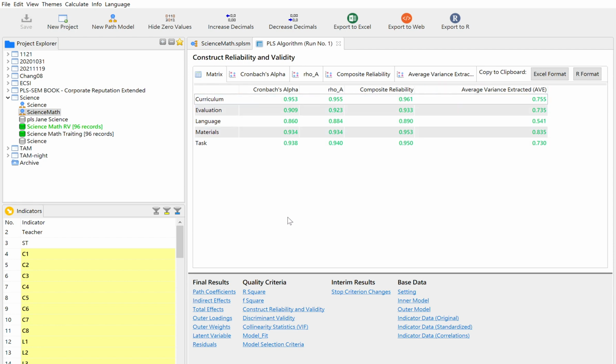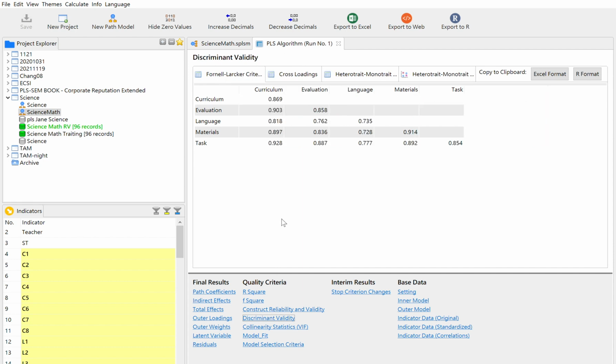But we also look at discriminant validity, which means how different each factor is from the others. Off the diagonal, these are correlations of the constructs.